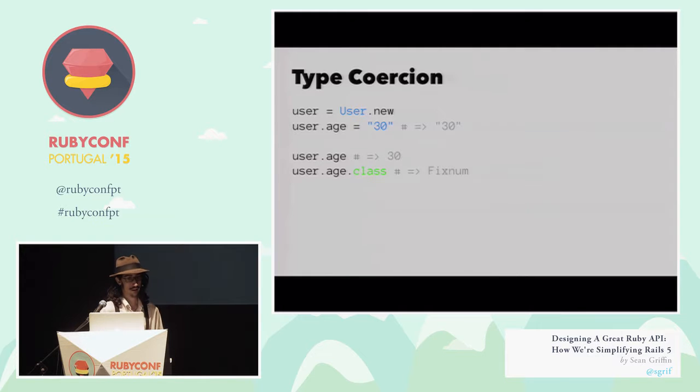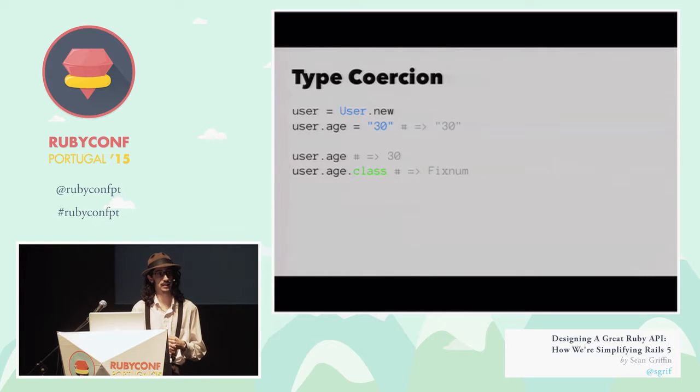So if you have, for example, a user model and it has an age column, and that's presumably of type integer, you assign a string to it. When you read it back out, you're going to get a Fixnum because we implicitly coerce this to the correct type. Now, a perfectly valid question is, why do we even do this in the first place? And this ultimately is a side effect of a design decision that was made way back at the very beginning of Rails.